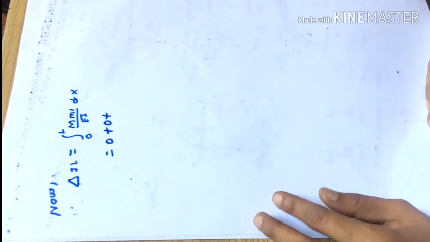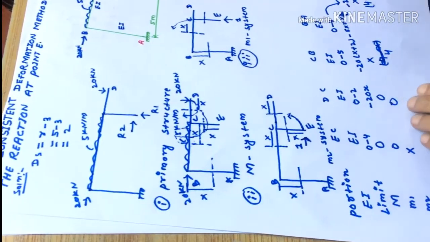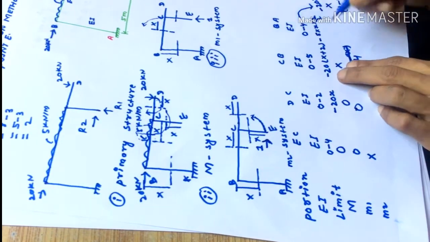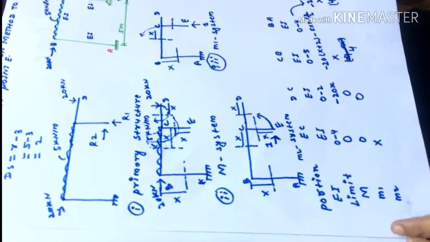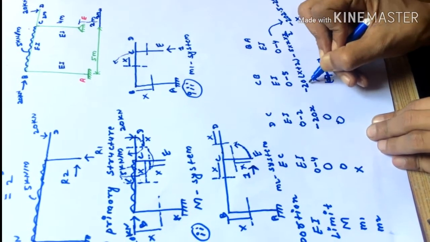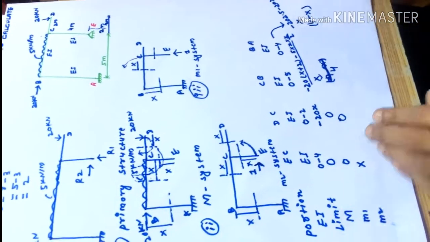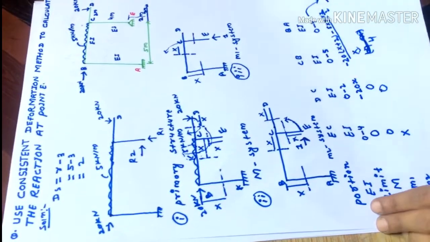Also for portion CB in the table we can see our moment M is this and M1 is this, so this term will not become 0.